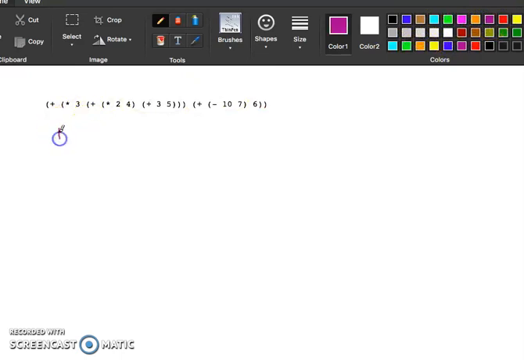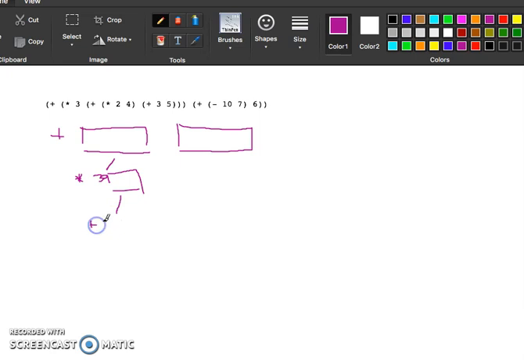So, we're going to add here, and we have this one, which has two things it adds. Then, in this box, we have multiply 3 and something. And then in this box, we add something and something.